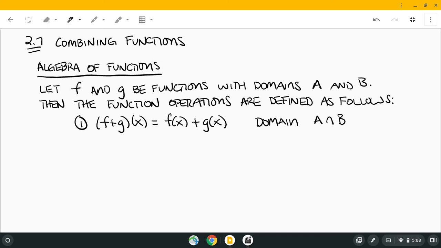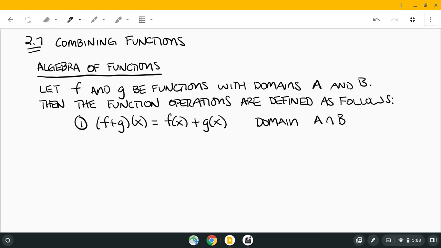So the intersection is just those values that they have in common. Like if A is made up of all real numbers and B is made up of all real numbers except 0, then your domain is all real numbers except 0, because they have everything in common except for 0.